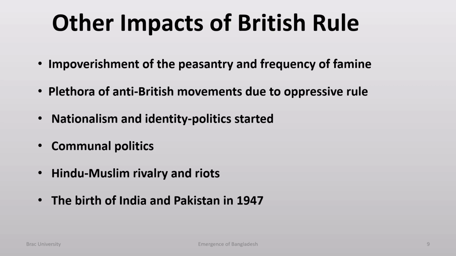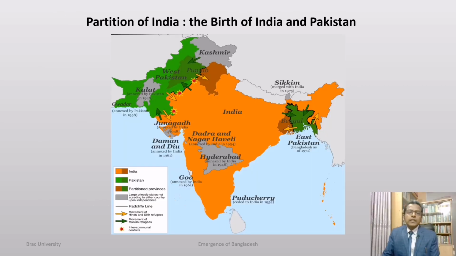So this is when identity politics based on religious identity started in India. This communal politics instigated many riots between Hindus and Muslims and finally gave birth to independent India and Pakistan in 1947.